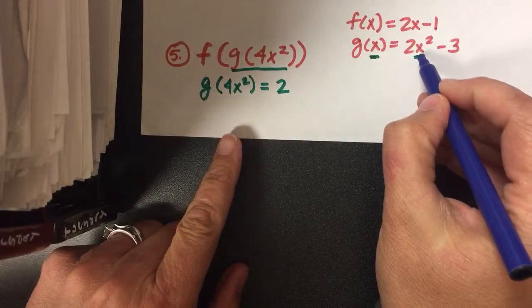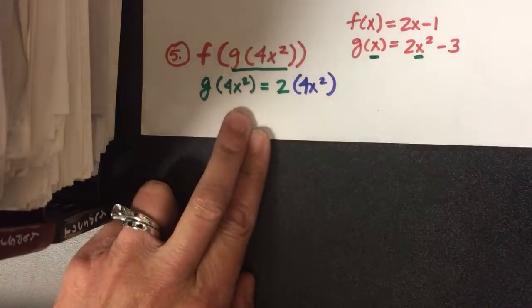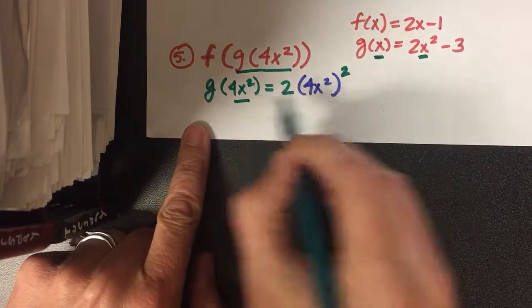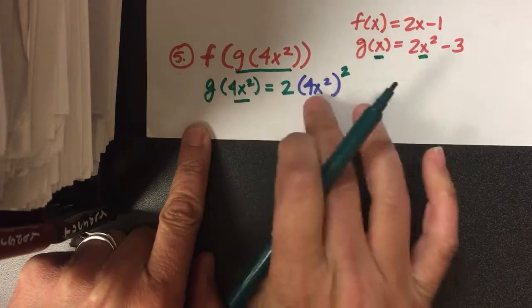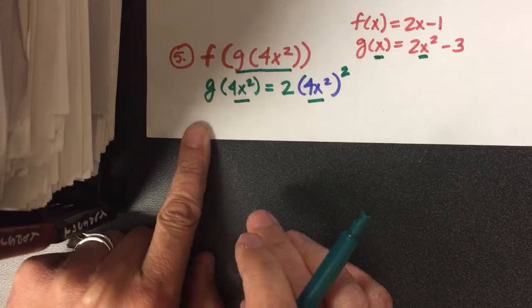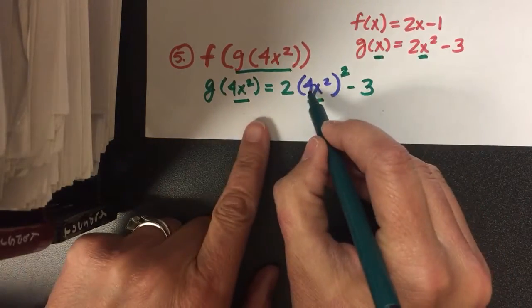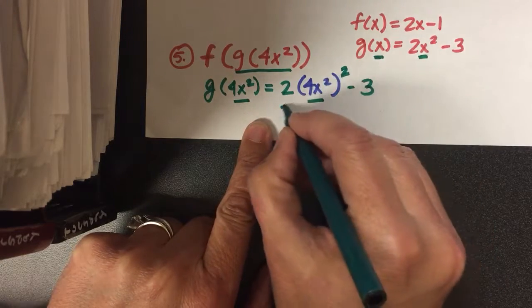Well, I have input squared. Look at each of these as an input. That's your input. That's your input. See, I have x squared here, so I've got 4x squared here, minus 3. 4x squared to the second power. Remember, you square everything inside.